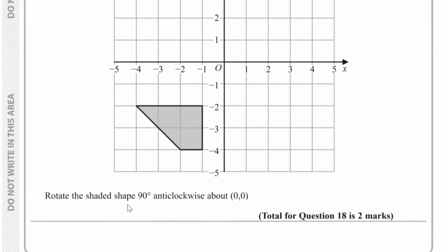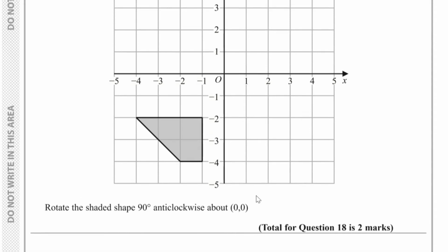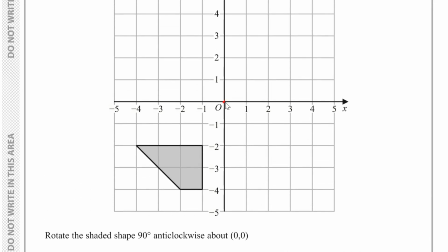Question number 18, we have to rotate the shaded shape 90 degrees anti-clockwise about the origin. Well, if we trace over that shape, like so, what we want to do is rotate the shape 90 degrees anti-clockwise.